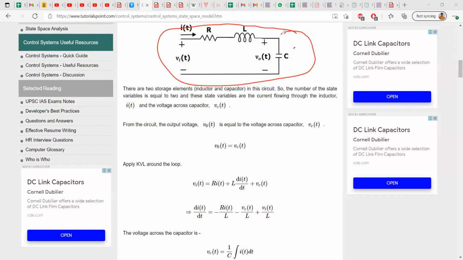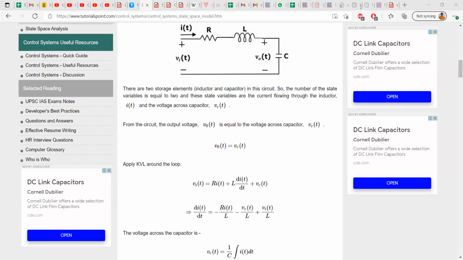Capacitor and inductor. No. Capacitor and inductor are the storage elements, Nana. But the variables are nothing but the voltage across the capacitor and the current through the inductor. That is the variable.